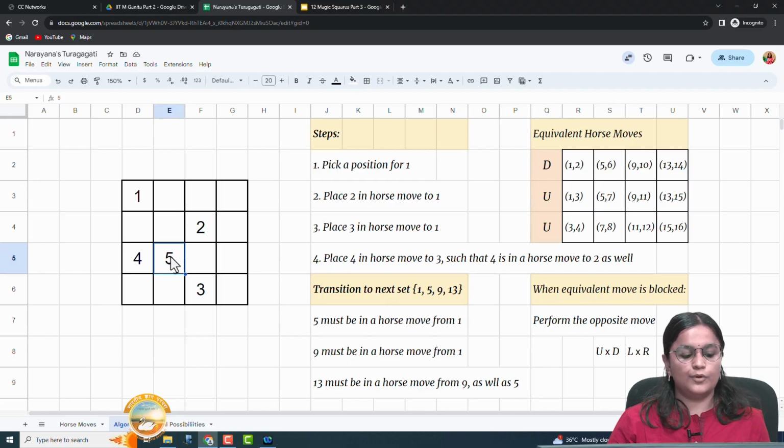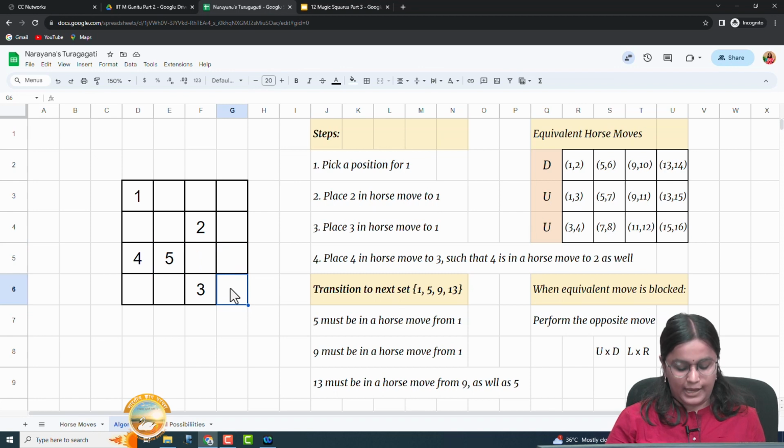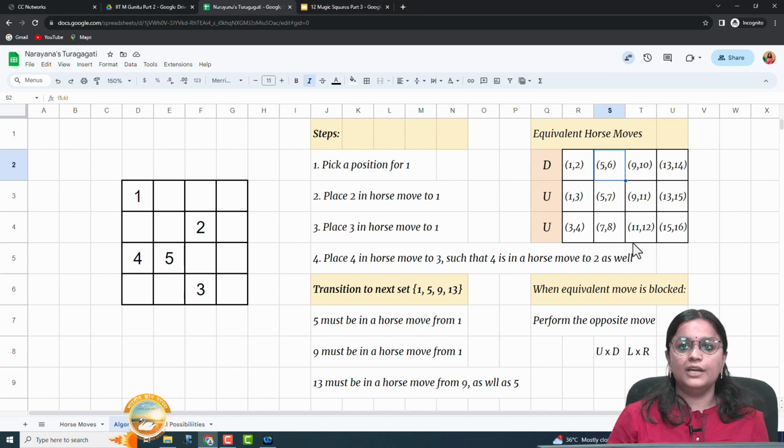So, moving from 5, we go down and place the digit 6 here. The rule of equivalent horse moves states that 5 and 6 must be the same move as 1 and 2, which was a down move. And we will see how we can apply this to find the place for the next digit.